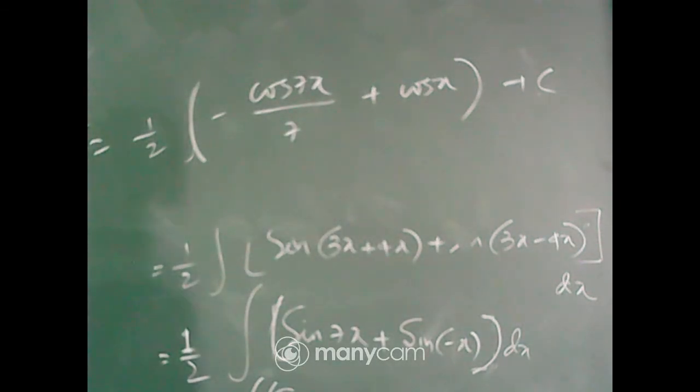So, half within the bracket minus cos 7x by 7 plus cos x plus c. Is it all right?